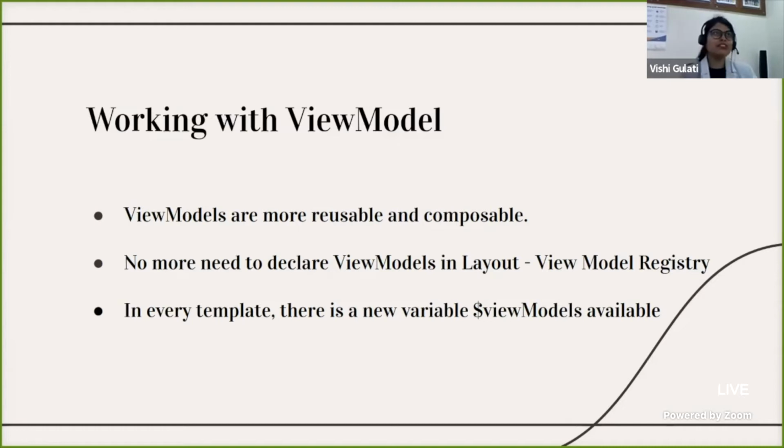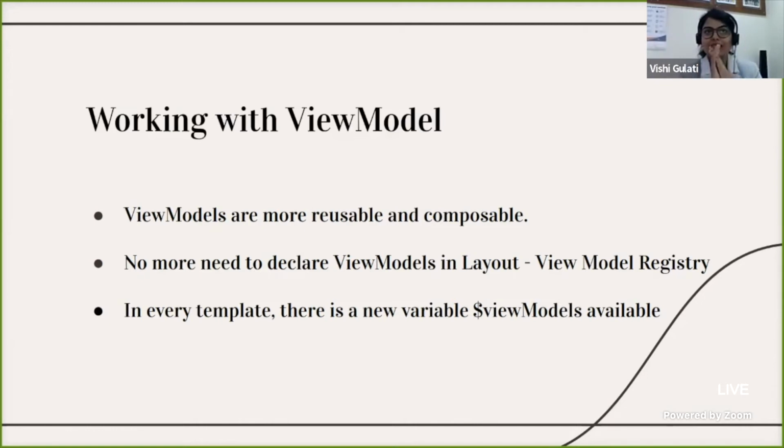The good thing for us is that you can access it directly in your templates, like you were using blocks, escapers, or helpers. You can access the view models in the same way in the template file. All you need to do is use the require function, pass your view model class, and you can easily get your view models.